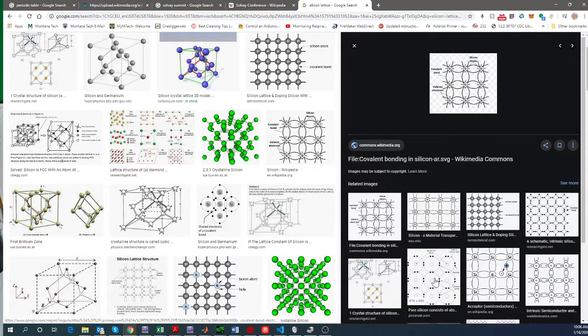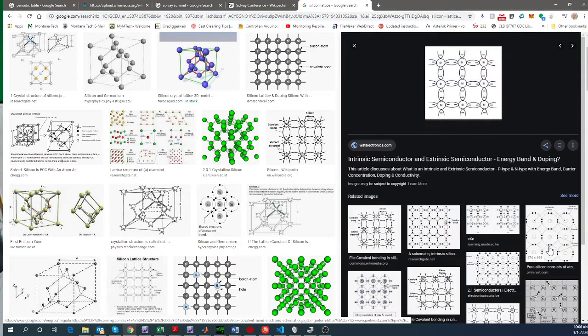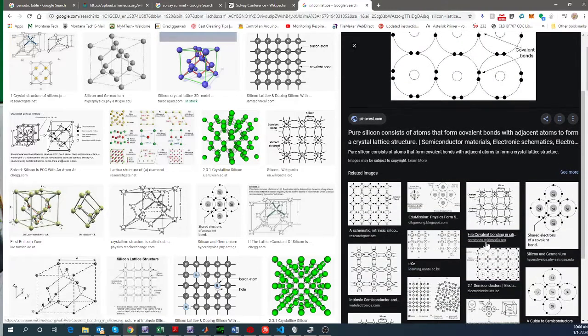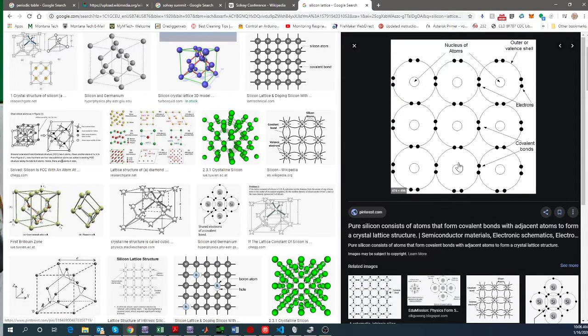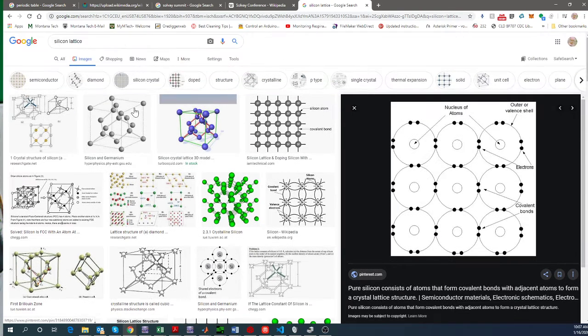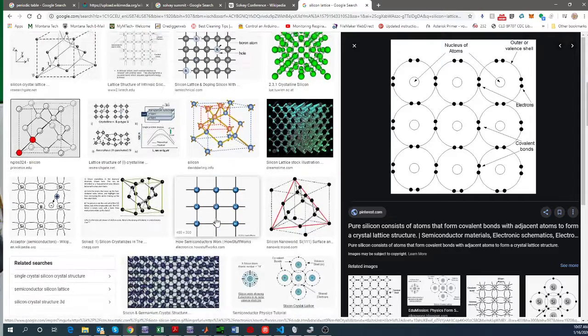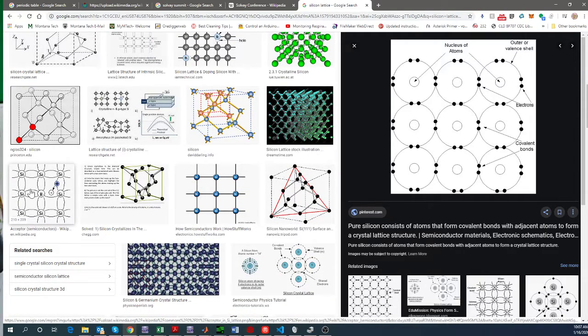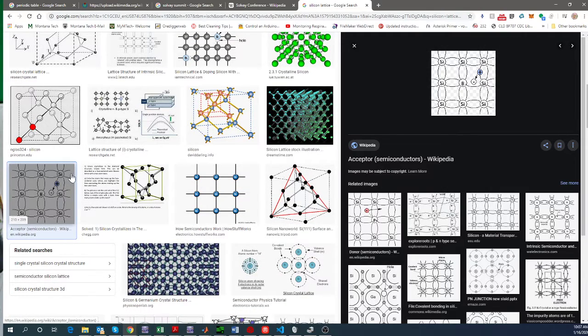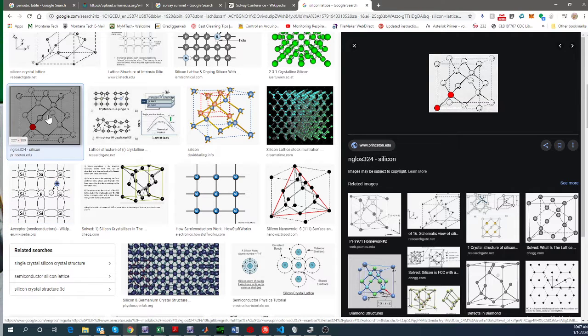These are all really teeny tiny for some reason, but this is showing you the covalently bonded atoms right next to each other to create what we call a lattice structure. This is what gives us our semiconductor properties, the powers that we would hope for. This is an example of a 3-dimensional lattice.